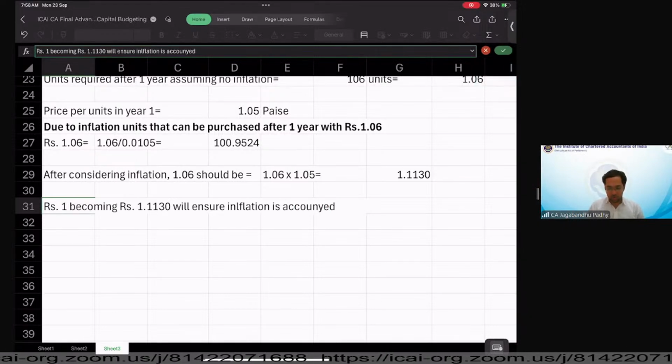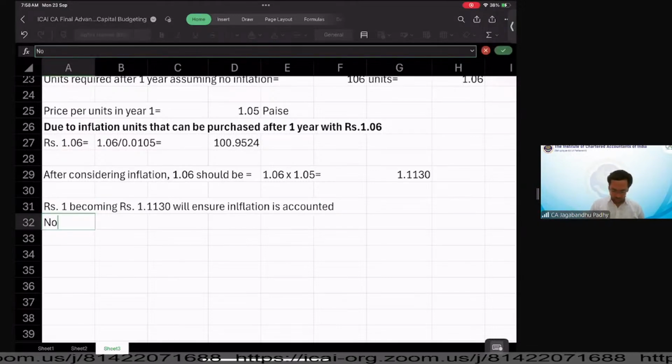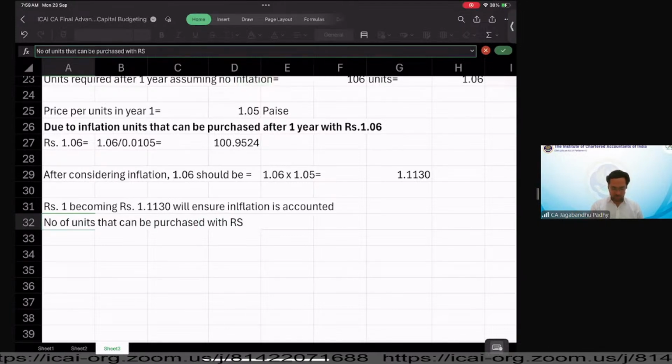Now, if I ask you how much can you really get, what is the number of units that can be purchased with rupees 1.1130?